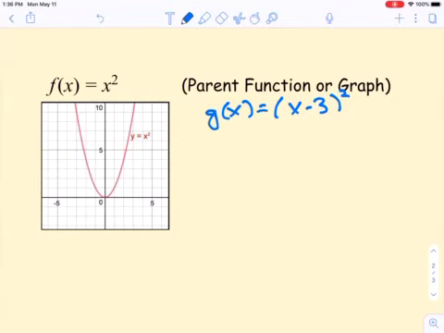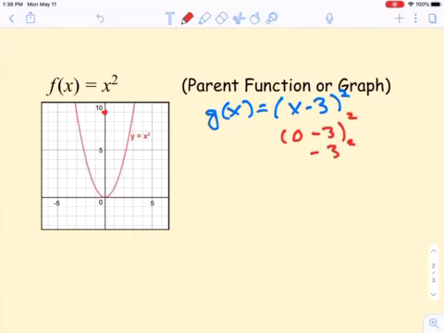If you look at this from a plotting point perspective, if I put in 0, I have 0 minus 3 squared, which would be negative 3 squared, which gives me 9. So when I put 0 in, that moves me all the way up. I got a point right here.